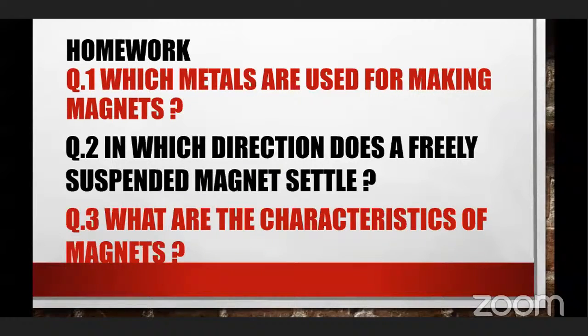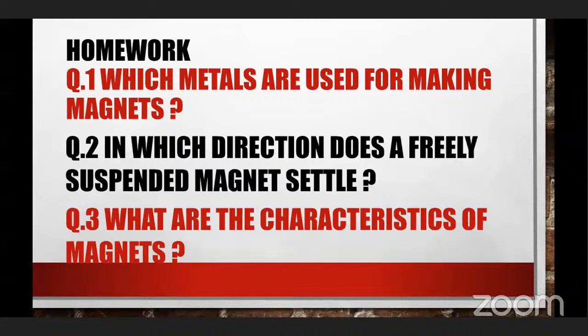What are the characteristics of a magnet? Tell me some characteristics of a magnet. A suspended magnet always settles in the north-south direction.